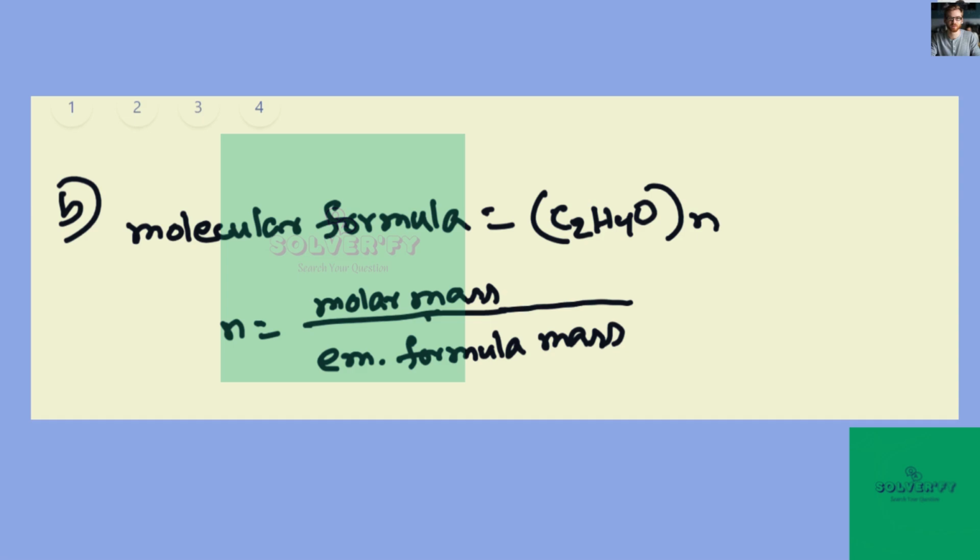All right, now we know the molar mass given as 88 gram per mole, and you have to find out the empirical formula mass, which you can find from this formula.